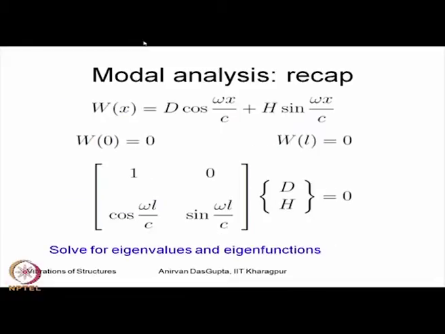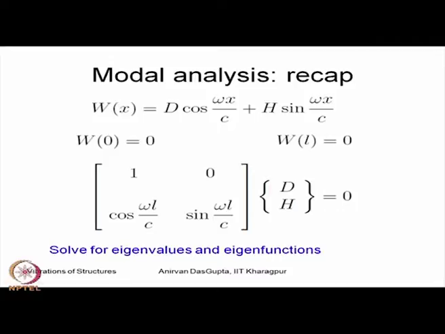When we substitute the solution in the boundary conditions, we obtain this vector equation. We have a matrix multiplied by this coefficient vector d h, and that must be equal to the 0 vector.